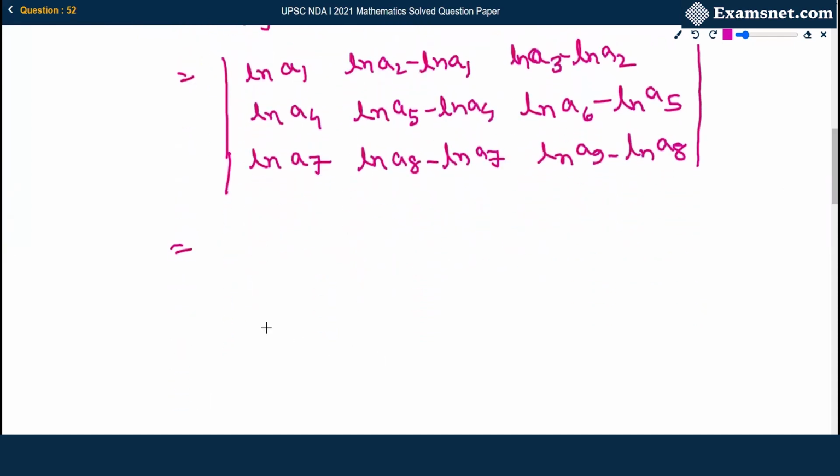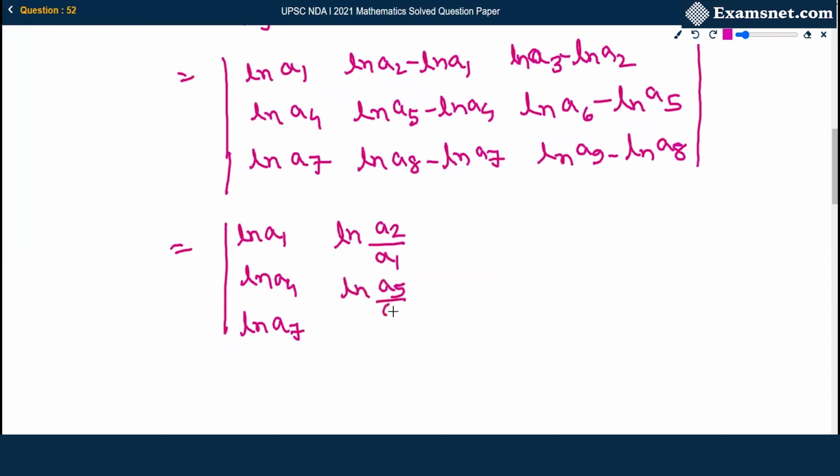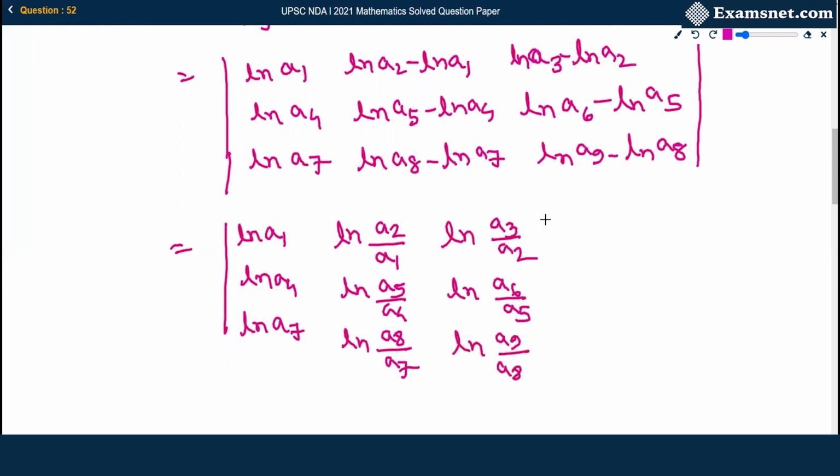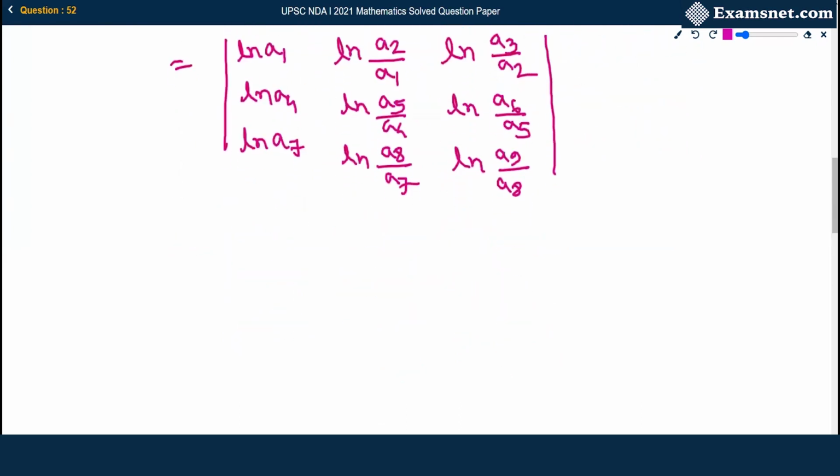Okay, so here A1, ln A4, ln A7. Now look here, ln A2 minus ln A1 can be written as ln A2 by A1, ln A5 by A4, ln A8 by A7. Here also ln A3 by A2, ln A6 by A5 and ln A9 by A8 according to the logarithm formula.